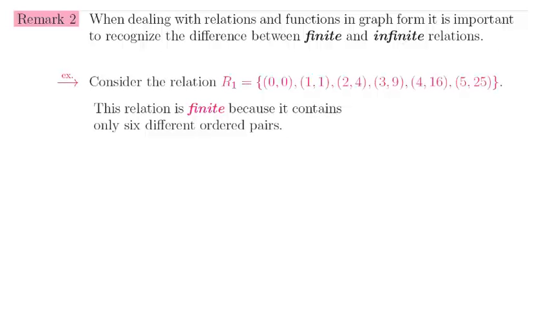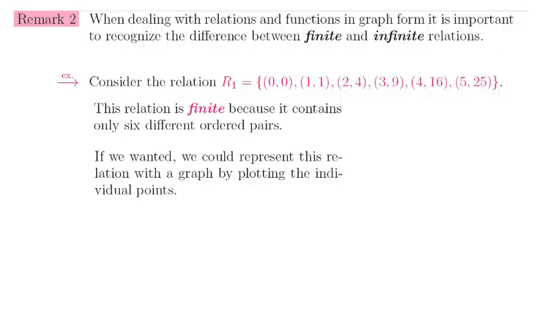Let's take a look at an example. Consider the relation defined by the following set of ordered pairs: (0, 0), (1, 1), (2, 4), (3, 9), (4, 16), (5, 25). This relation is finite because it contains a finite number of ordered pairs. In this example, 6 different ordered pairs.